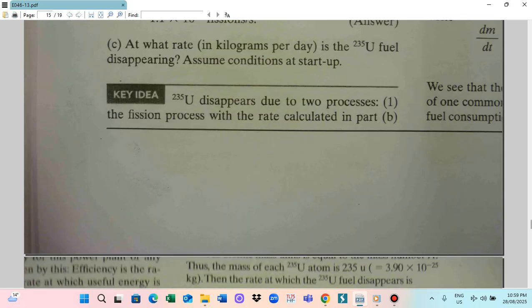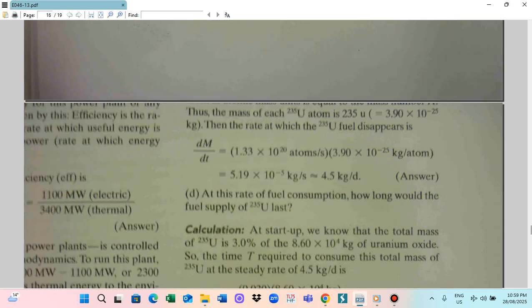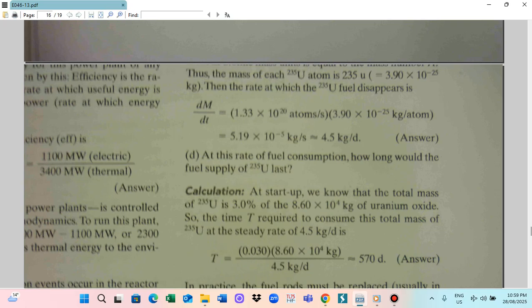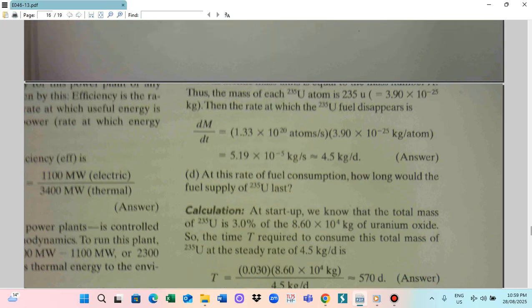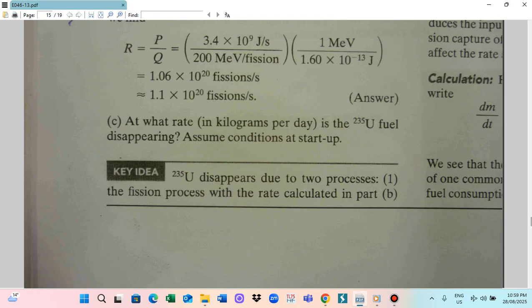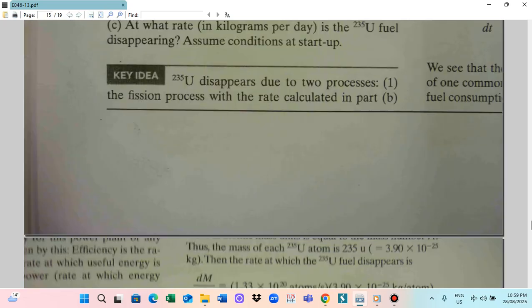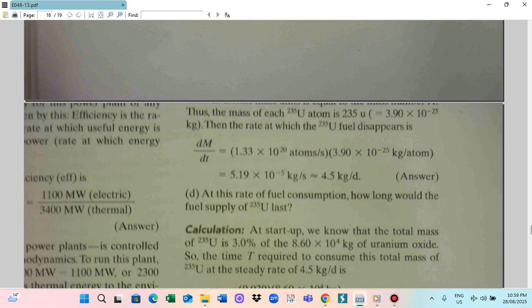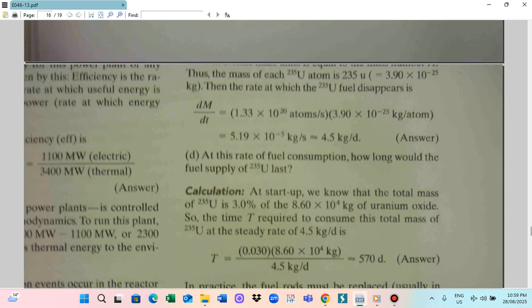Every second, 1.06 times 10 to the power 20 atoms undergo fission. We also have to account for the fact that not all the atoms are useful.